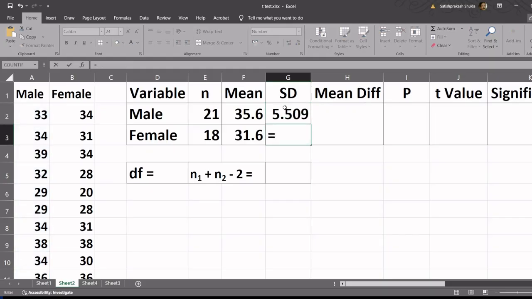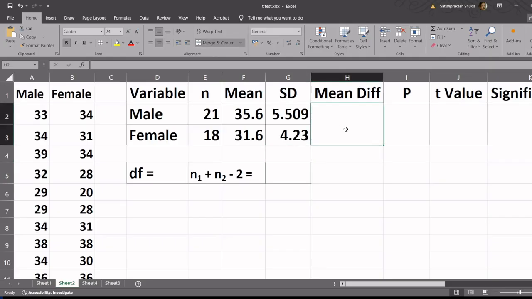Now, standard deviation of the scores of female teachers, the function will start with equal sign and then we will write STDEV and in bracket B2 to B22, bracket over and enter key. These two are standard deviations of male and female teachers respectively.